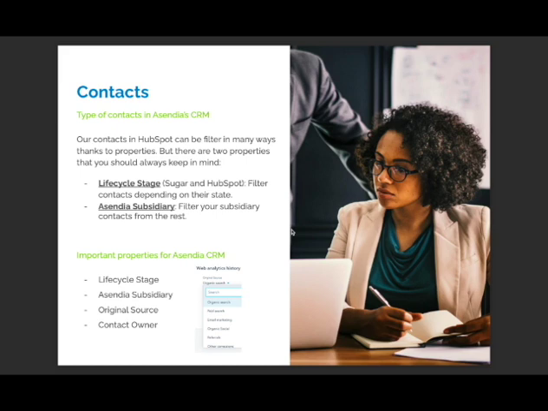And contact owner is for contacts that have an owner. In the case of Asendia, in Sugar CRM, you most likely have the sales representative. In HubSpot CRM, you most likely have yourself, as a marketing manager, as the contact owner.